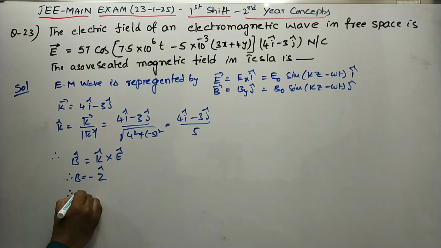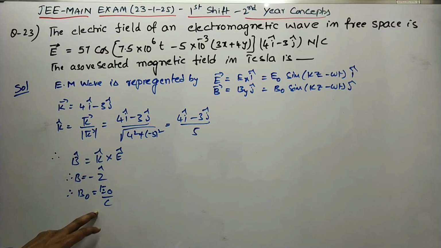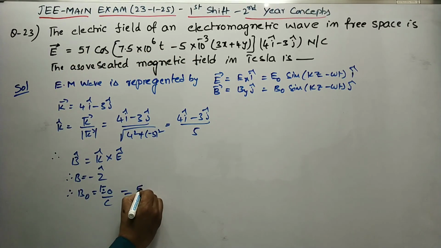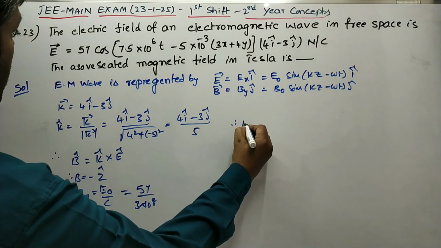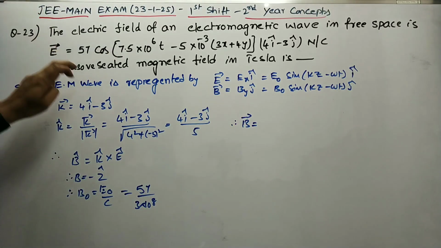Therefore, B naught is equal to E naught by c, because E naught by B naught equals c. So E naught is nothing but the maximum value, 57, by c, which is equal to 3 into 10 power 8. Therefore, B naught.